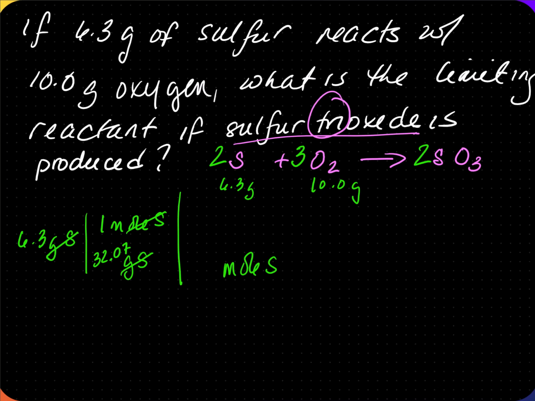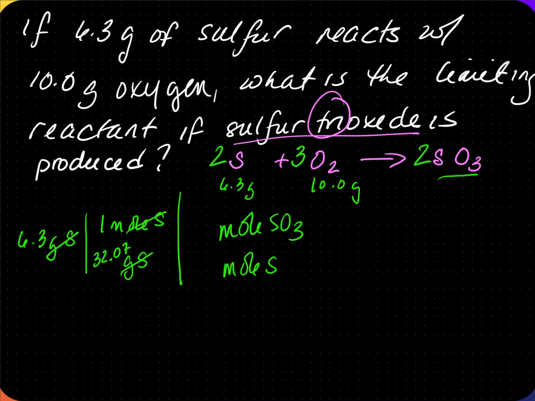In this problem, it doesn't ask what to solve for. All it wants to know is what is the limiting reactant. So we could just pick the product and solve for the product because we could determine that. So we're going to solve for moles of SO3 because this is a mole ratio. The number in front of moles is the coefficient of the balanced equation.